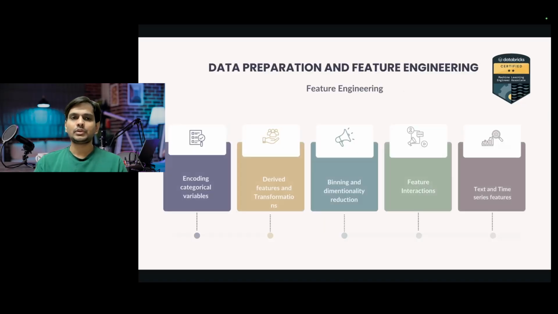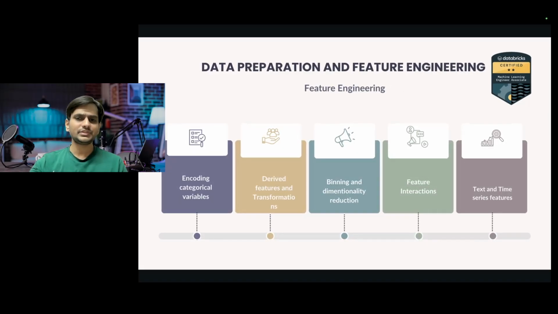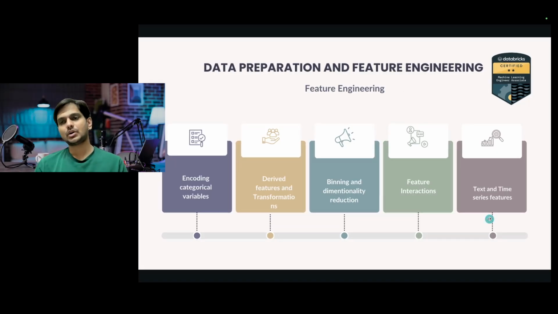And if you talk about a feature engineering example, suppose there is a city column, like a city column might be Delhi, Mumbai, etc. So you can use one-hot encoding to give categorical or numeric values for Delhi, Mumbai, Bangalore, etc. And you talk about derived features.